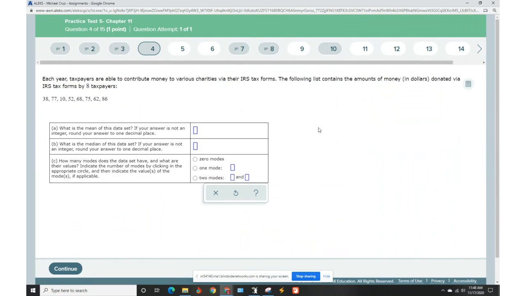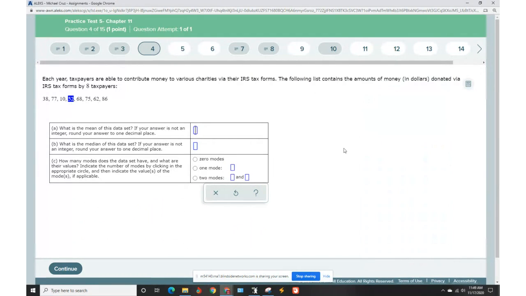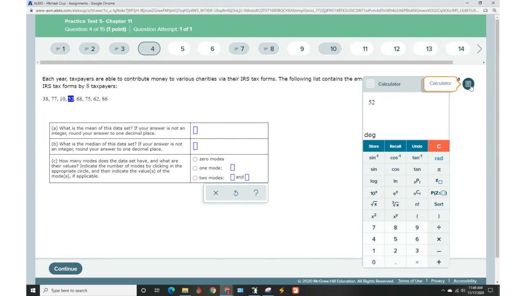All right, so now we're getting into some more data here. And I would say we could do this all with a calculator, but it's really difficult to do the median with a calculator. So I'm going to do the mean first, and I'm going to use their calculator.